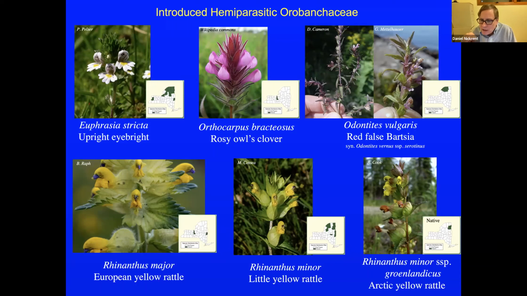What's weird is this Rhinanthus minor subspecies groenlandicus. It's listed as native. So one subspecies, Rhinanthus minor, is an introduced thing, but Rhinanthus minor groenlandicus is native. I have to check that out. Farther north, it's found. Yeah, you see that county in New York, it's way up there, almost Vermont, right?